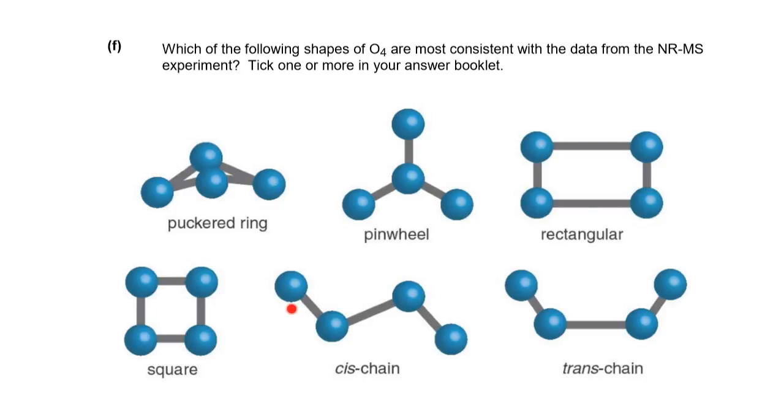Now note I labelled that one 16, that one 16, and the other ones 18. Obviously it could be the other way around, it doesn't really matter. But what's important is that we don't get mixing and forming of a molecule like this, because it's far easier to break that middle bond. So the answers we're going to tick here are the cis chain, the rectangular form, and the trans chain.